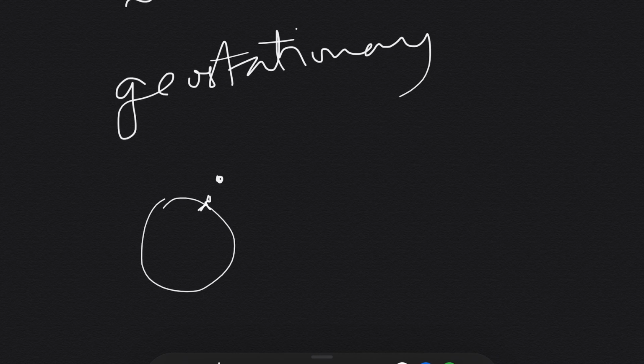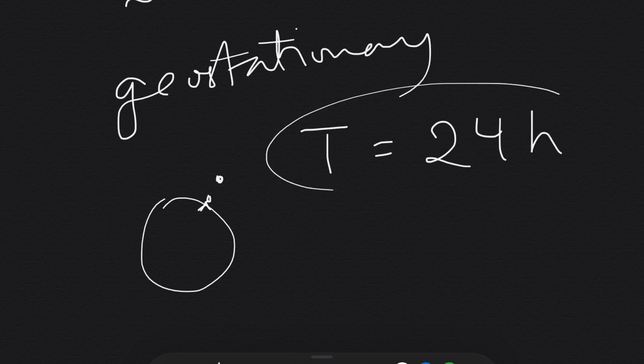The geostationary satellite is one that doesn't seem to be moving. So if you're on Earth and you're looking at the satellite, it's not changing its position. It's always maybe just right above your head or right to the east. It doesn't appear to be moving. That's because its time period is 24 hours. And this is what's going to help you solve the exam.